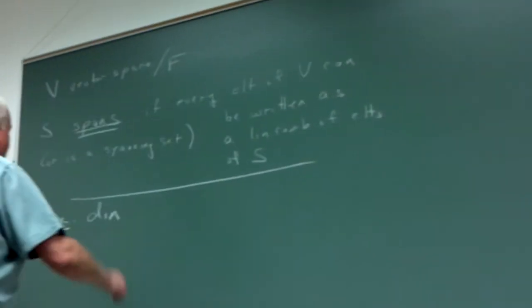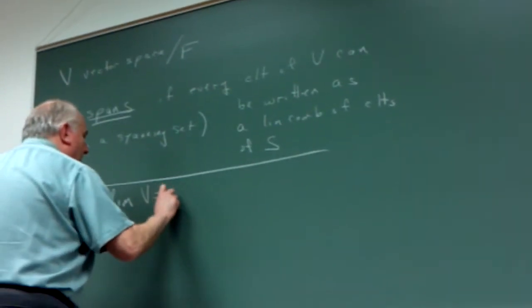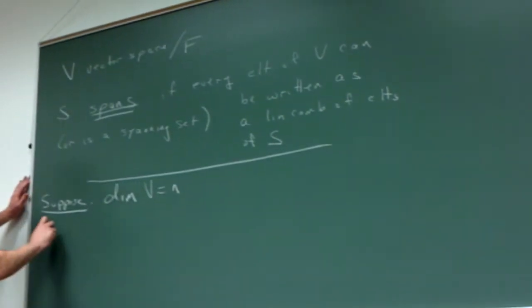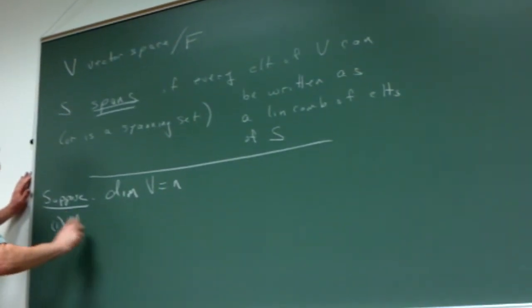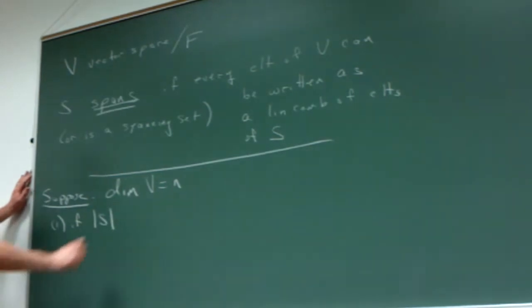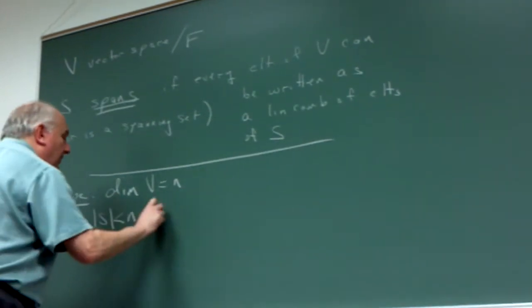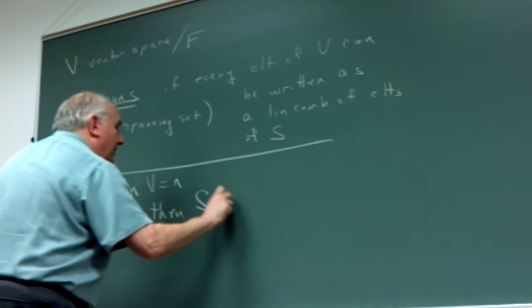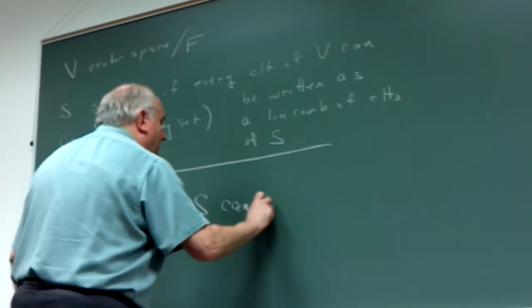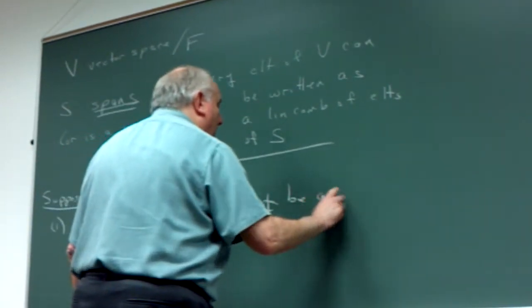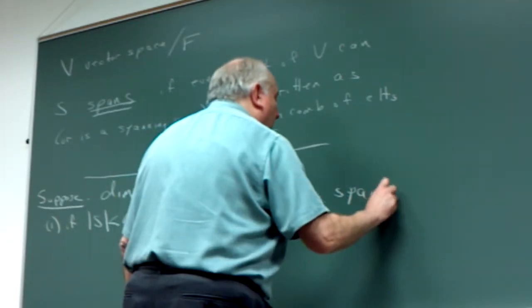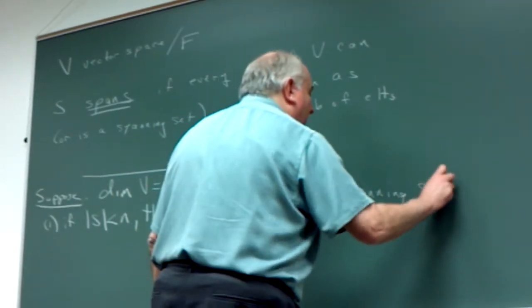Okay, so suppose the dimension of V is n. And 1, if the number of elements in S is less than n, then S cannot be a spanning set.